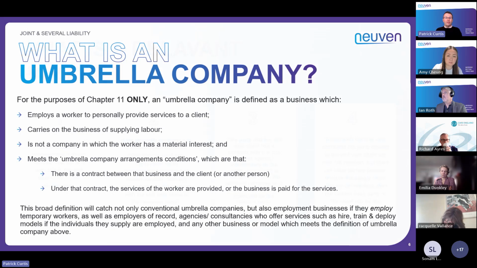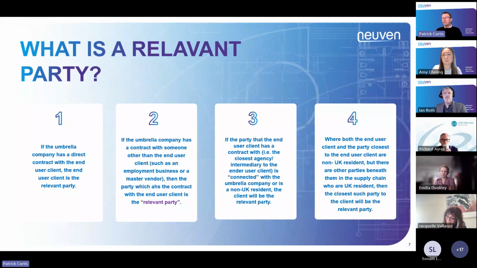So the second question we have to ask ourselves is, what is a relevant party? Because the relevant party is the party that is jointly and severally liable. So if the umbrella company has a direct contract with the end client, then the end client is the relevant party. I.e., if your supply chain is, I use an employment agency and there are no other companies in the supply chain, then I, the client, am the relevant party.